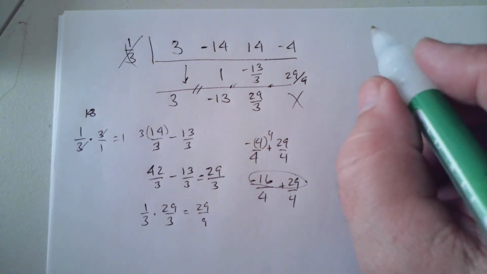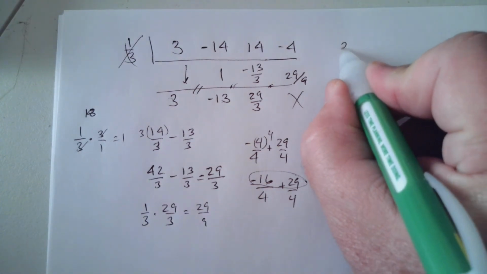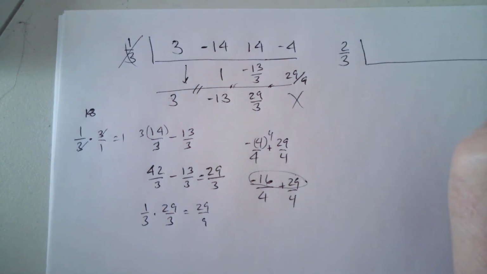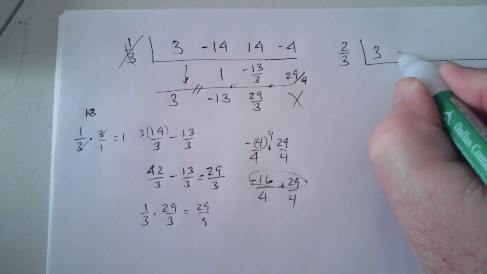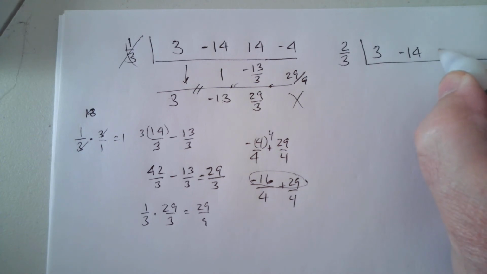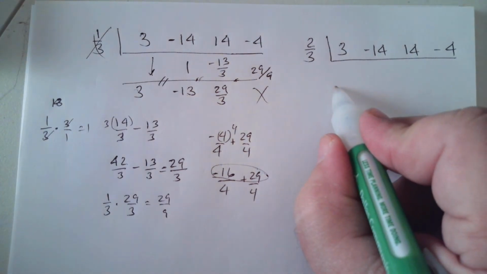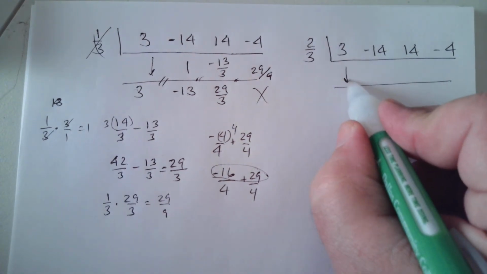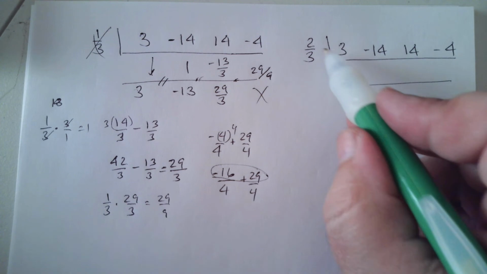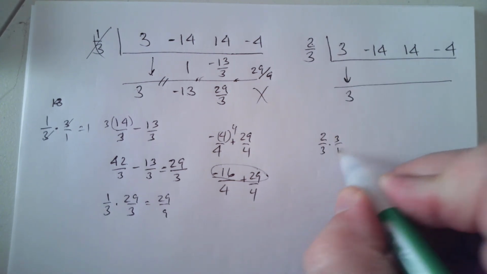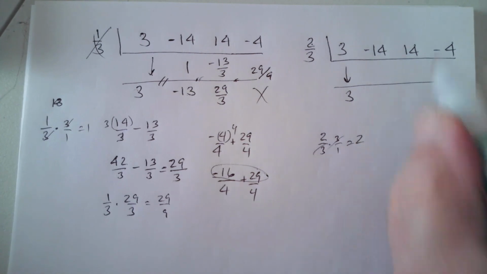The next one we have is 2/3. Three, negative 14, 14, negative 4. Two over 3 times 3 over 1 is just 2.